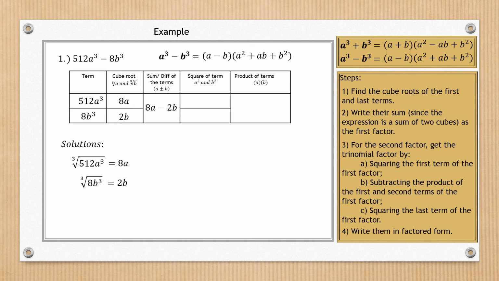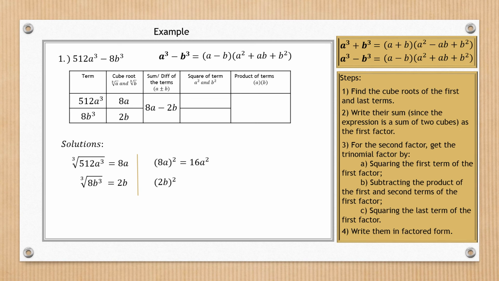Next is we have to find the squares of the terms that we took the cube roots of. Okay? Just like we did earlier. So, the square of 8a and the square of 2b. That is equal to 64a squared because 8 times 8 is 64, and a times a is a squared.